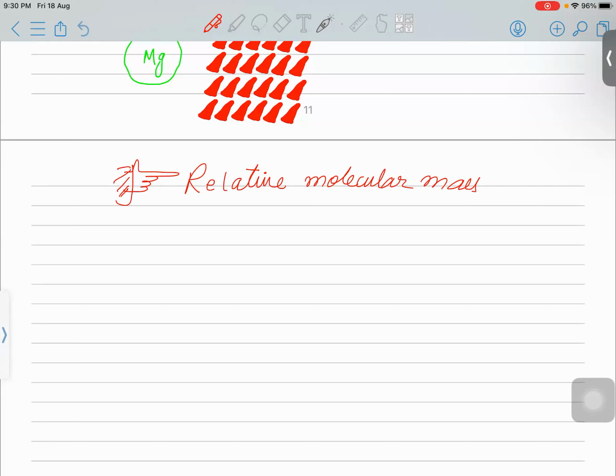Yes, what is relative molecular mass? Now write the definition of the relative molecular mass.